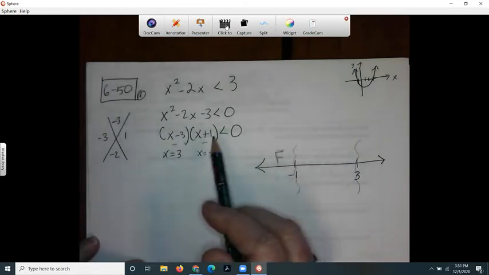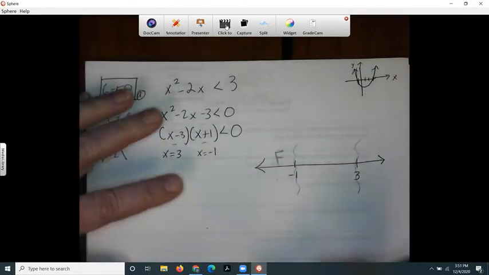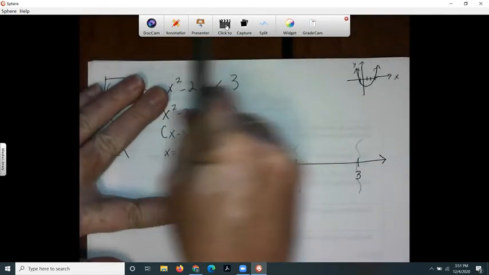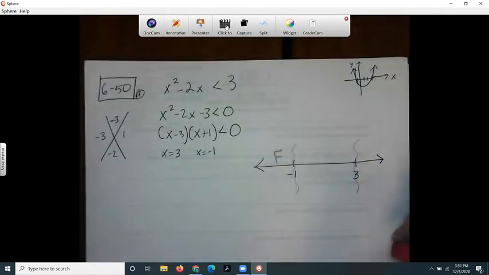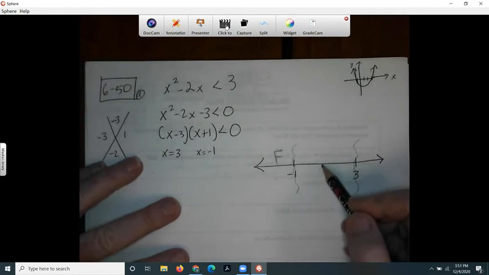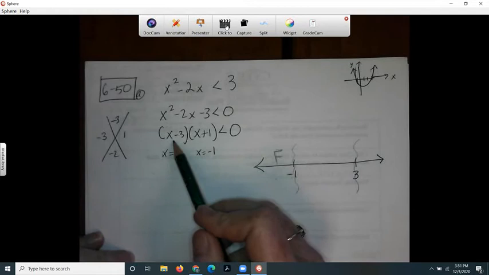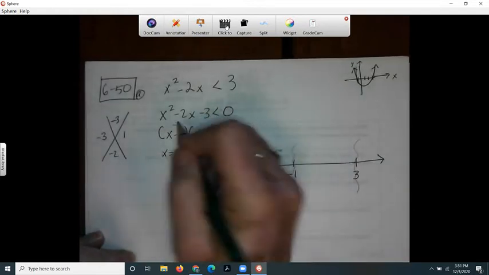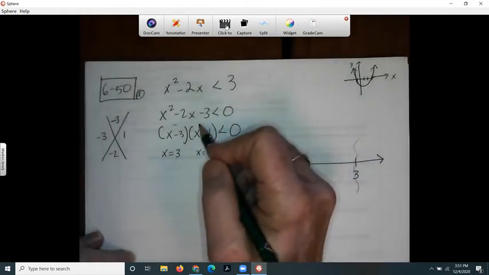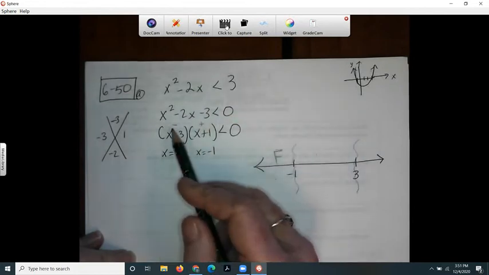So I'm going to go a little faster now. Usually I'll do it in my mind. I'll plug in 0 because that's in between. Plugging 0 in here, I get -3, which is negative. Plugging 0 in here, I get +1, which is positive. A negative times a positive is a negative.